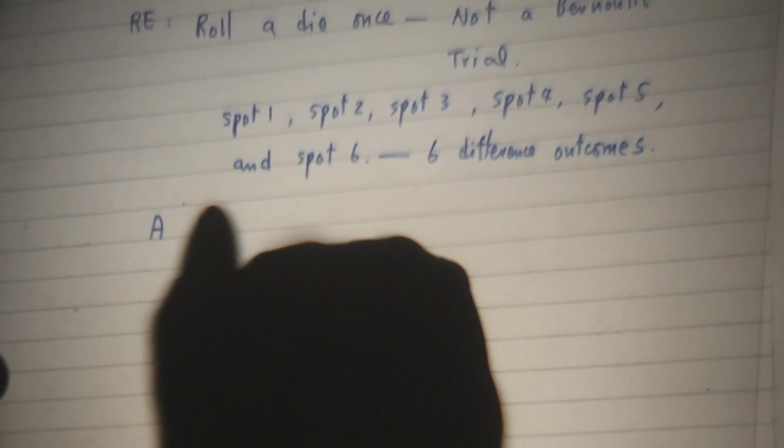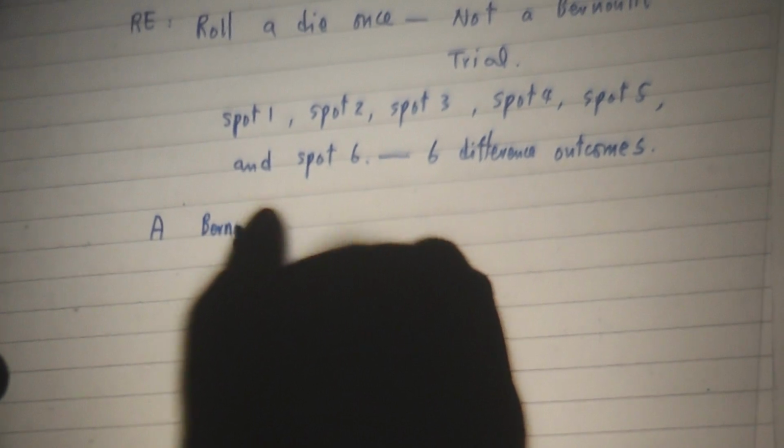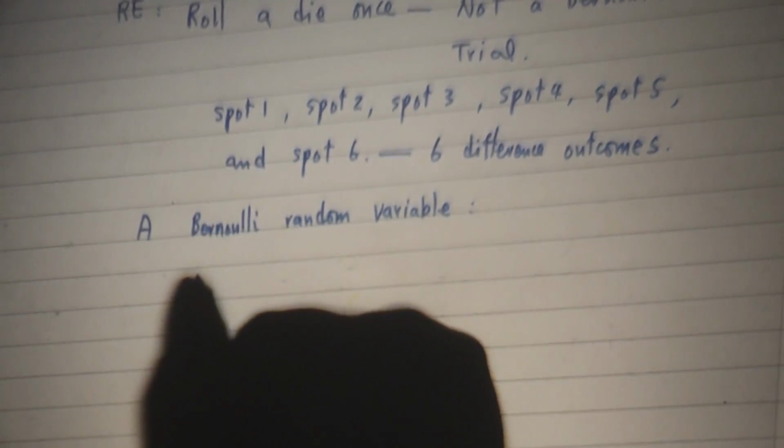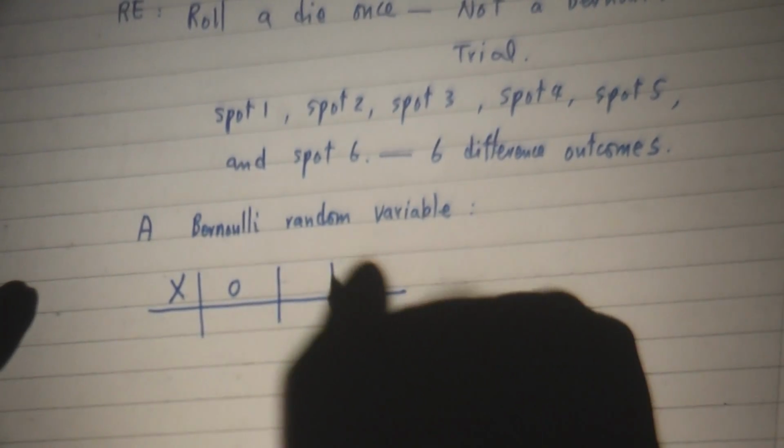Now, next, I'm going to define a Bernoulli random variable. What is a Bernoulli random variable? A Bernoulli random variable has only 2 possible values, 0 and 1.